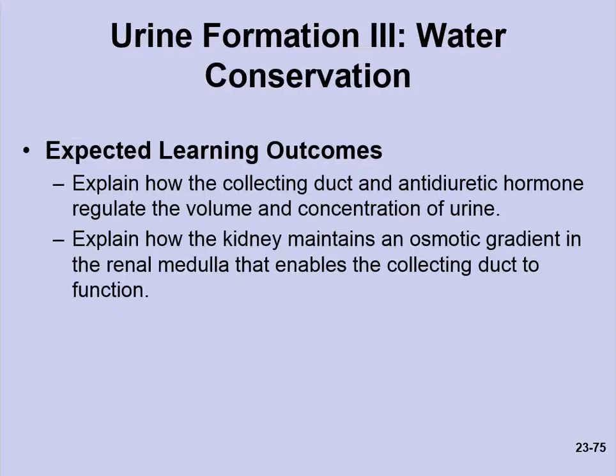In this section, we're going to look at urine formation and water conservation. Our objectives are to explain how the collecting duct and antidiuretic hormone regulate the volume and concentration of urine, and explain how the kidneys maintain an osmotic gradient in the renal medulla that enables the collecting duct to function.